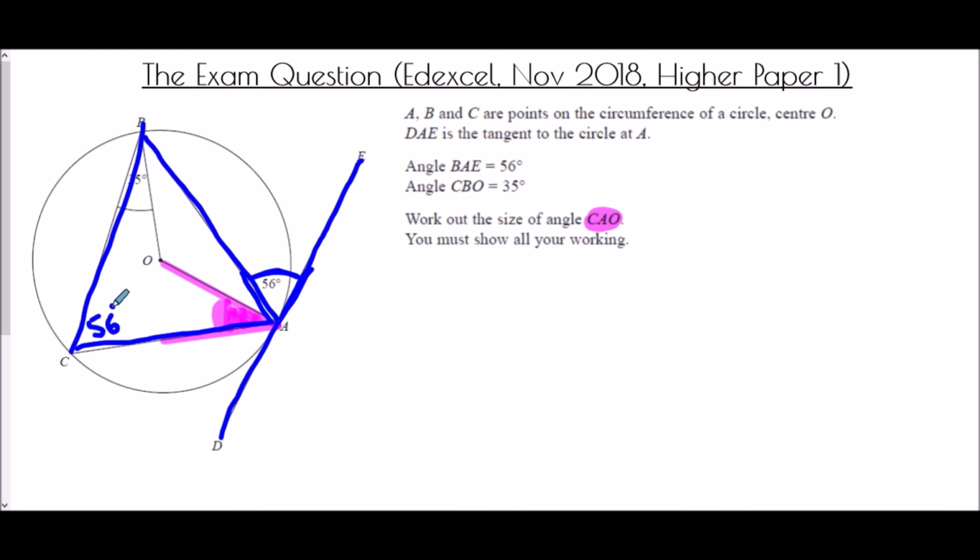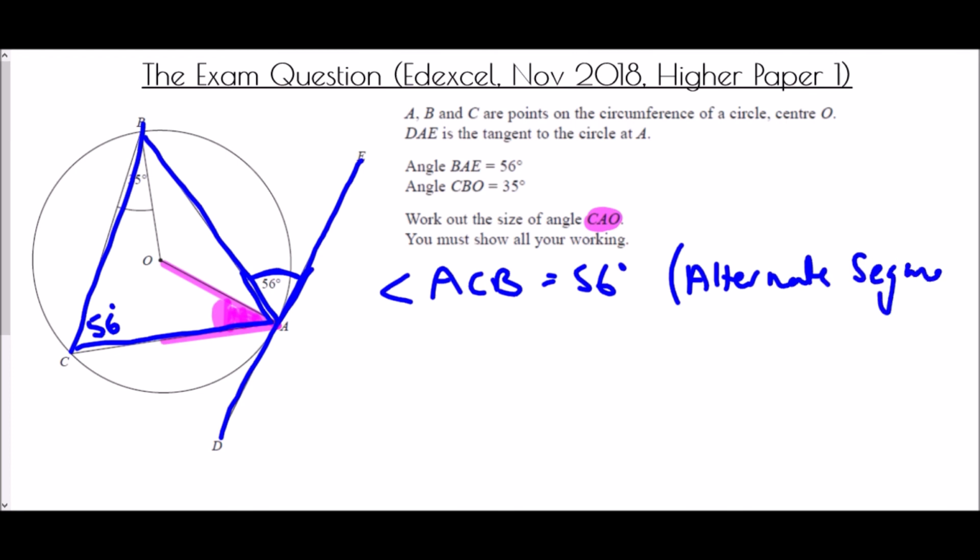And so what we need to say is that angle ACB equals 56 degrees, and the reason for that is the alternate segment. Now, often in exams, it's perfectly acceptable just to name the rule, not give the full explanation. So alternate segment there would be sufficient.